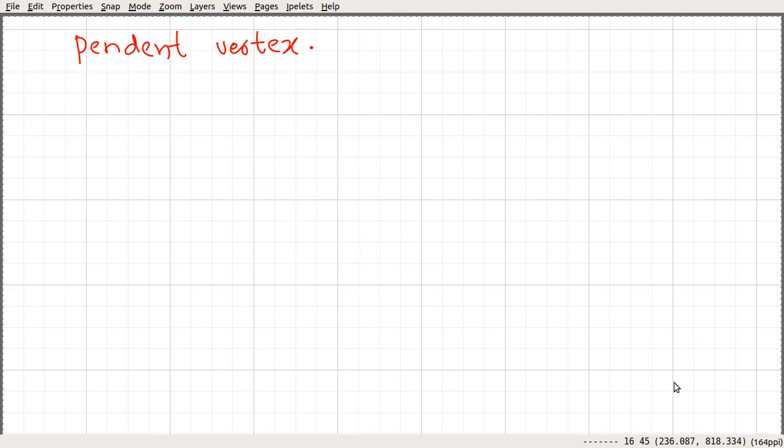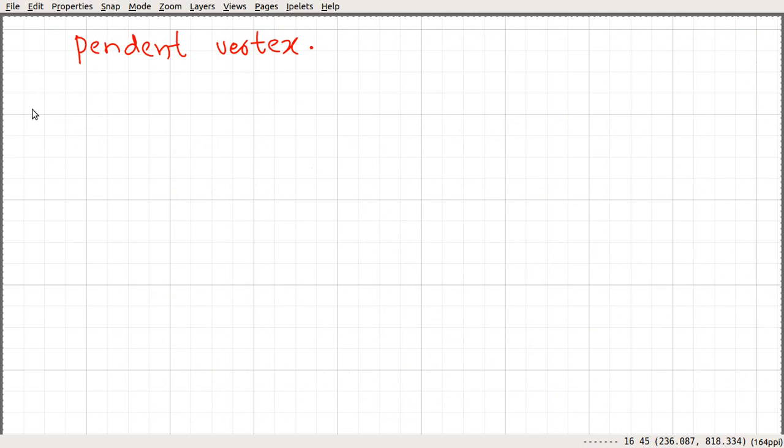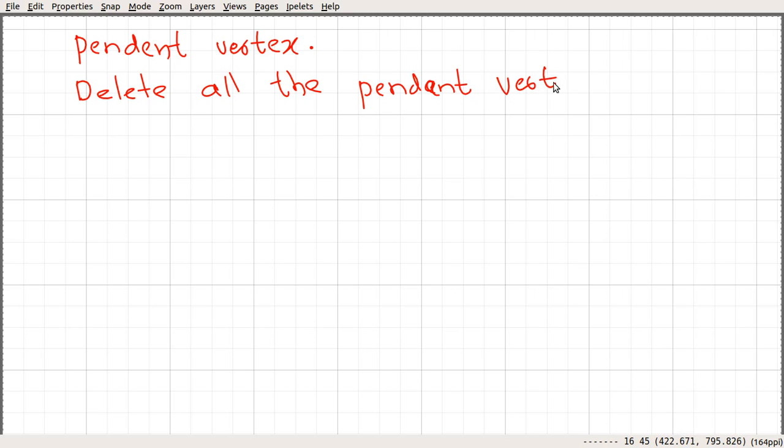Next, as we did here, we are going to delete all the pendant vertices from T, and let the resulting graph be T dash.